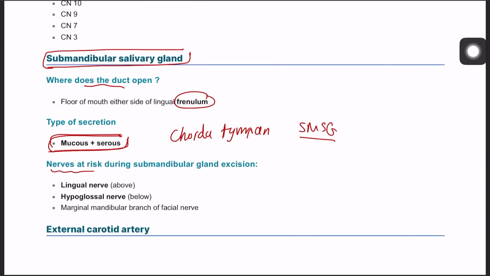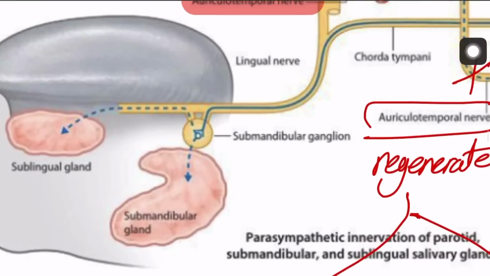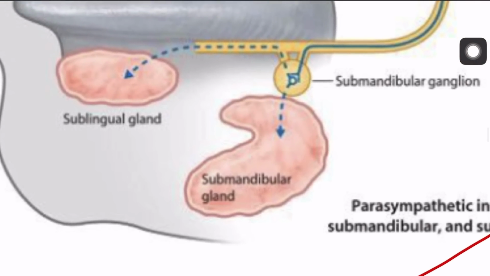Nerves at risk of injury. So we talked about this, this is the gland. I can take you back to this lovely diagram. This is the submandibular salivary gland. You have the lingual nerve. There will be a duct, let's say the duct will be here. The lingual nerve will be coming and moving just around the duct. Okay, so this is the lingual nerve.